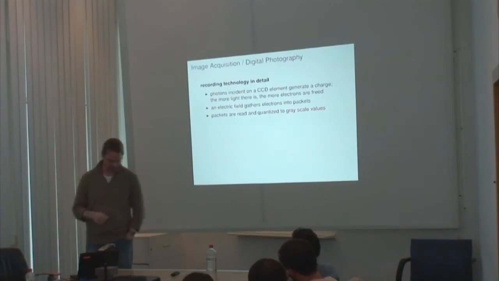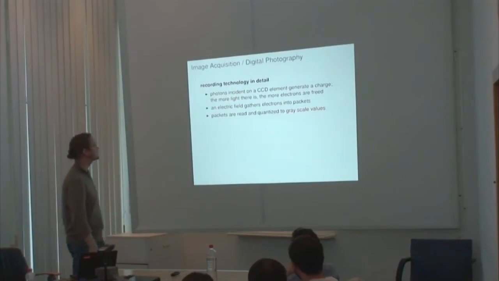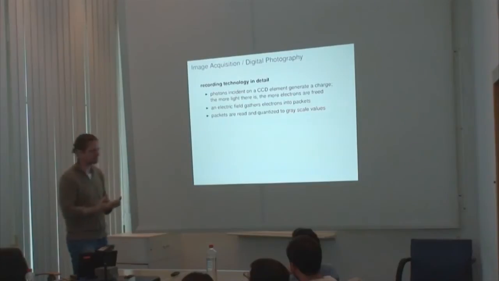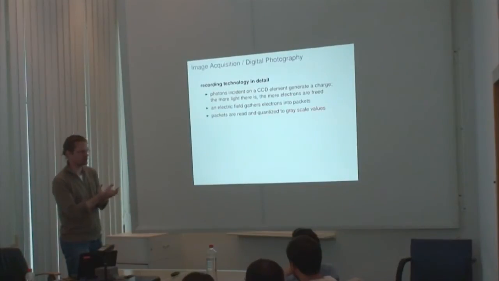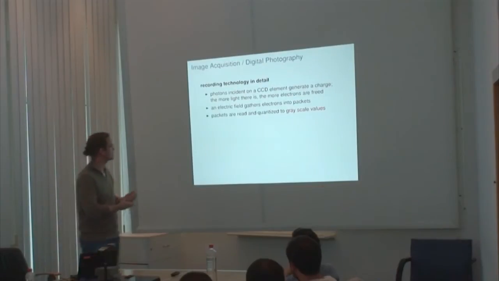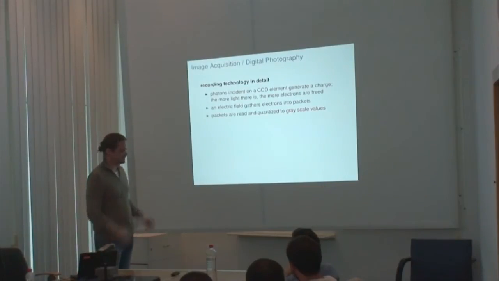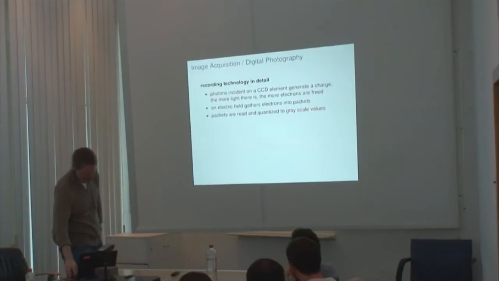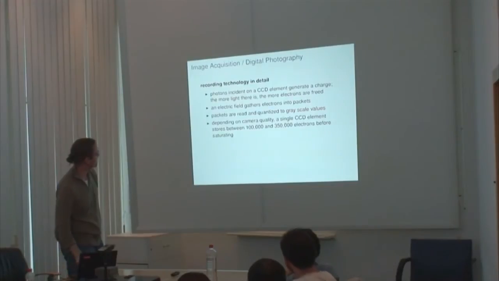elementary electronic devices again. And once they have been stored in terms of charges, it's not light anymore, but really electromagnetic charges. We can read them off these tiny photosensitive devices and store them in the memory of our computers.